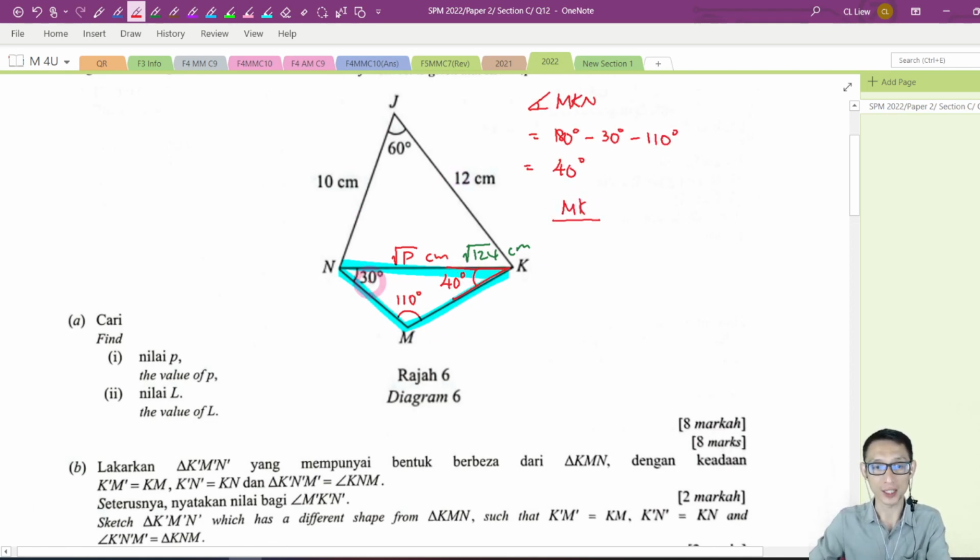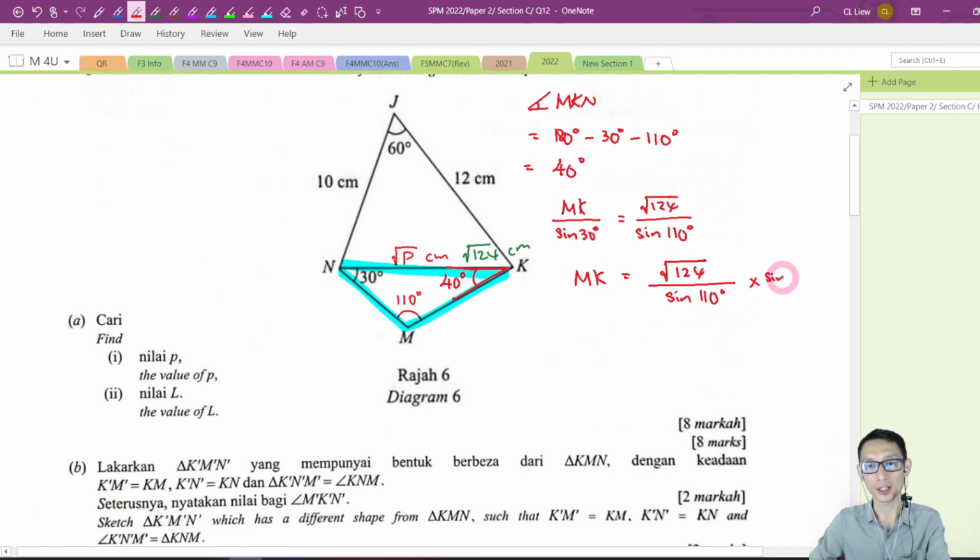MK over sine 30 degrees is equal to square root of 124, which is the length of NK, over sine 110 degrees. So MK is equal to square root of 124 over sine 110 times sine 30 degrees.